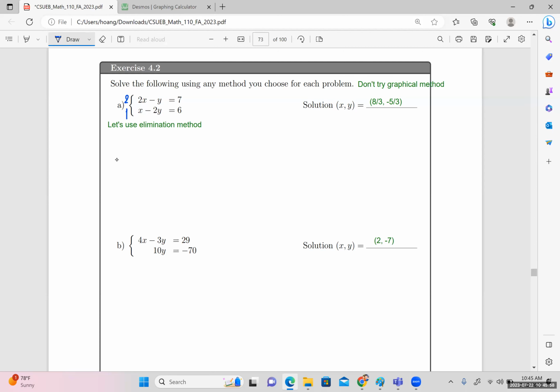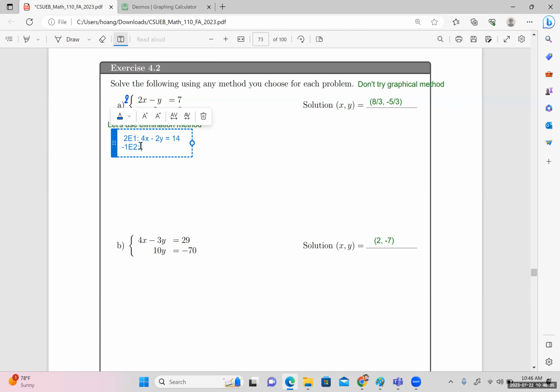Make one of them become negative, so let's choose -1 for the second one. So you will have 2 times equation 1, which will be 4x minus 2y equal to 14. And then the second one will be -1 times equation 2, right?